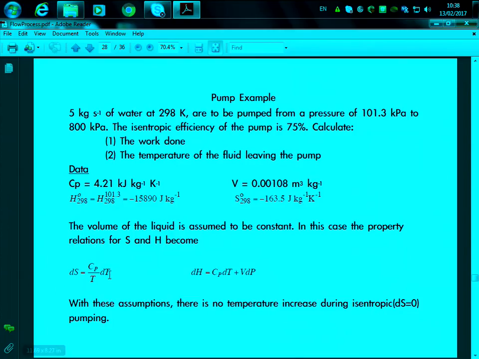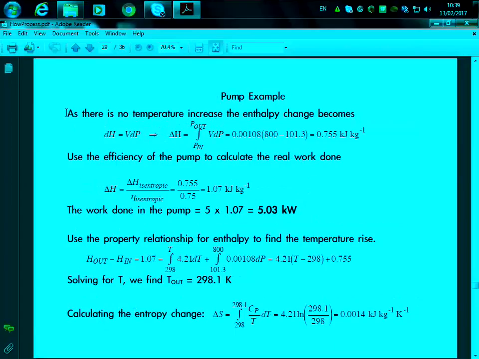So as there is no temperature increase, the enthalpy change becomes dH equals VdP, and then delta H is basically the volume times the outlet pressure minus the inlet pressure. Okay, so we solve for the pump like that, and then we get this enthalpy.